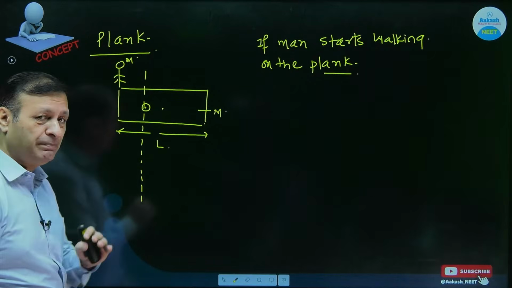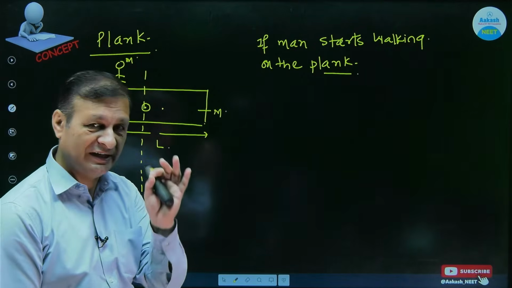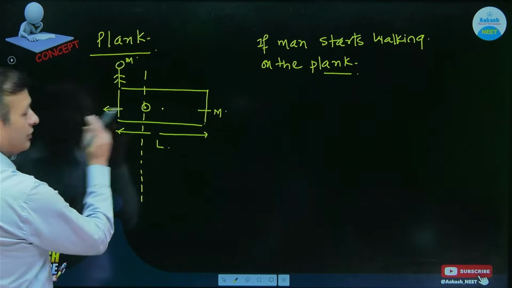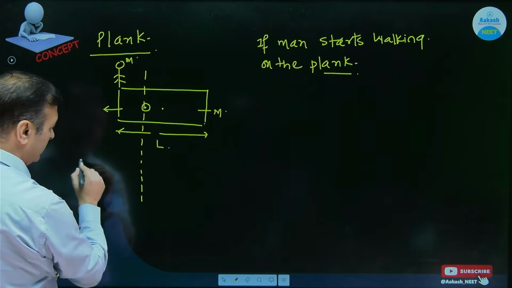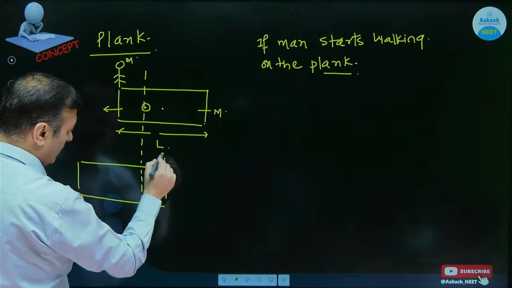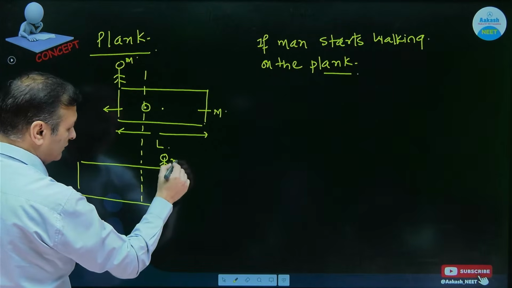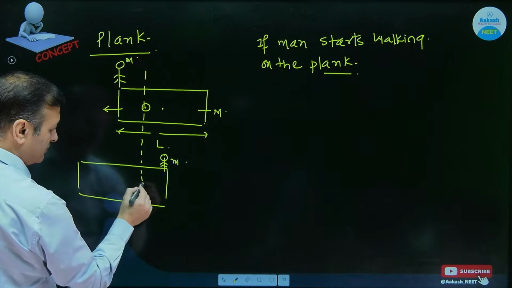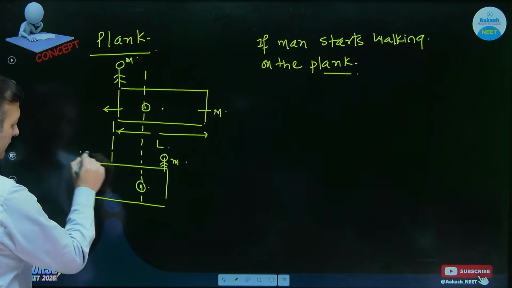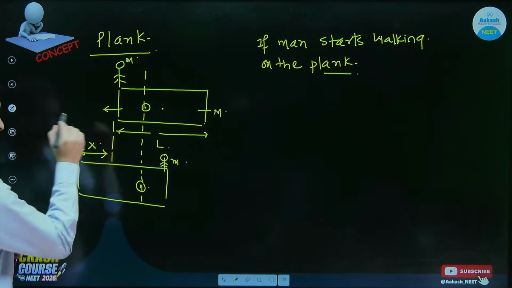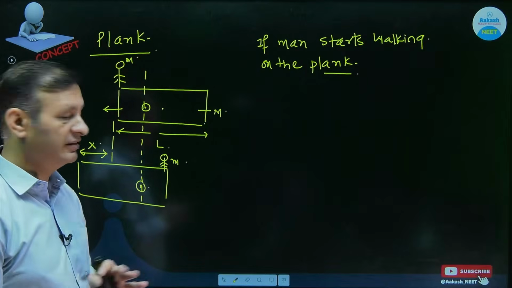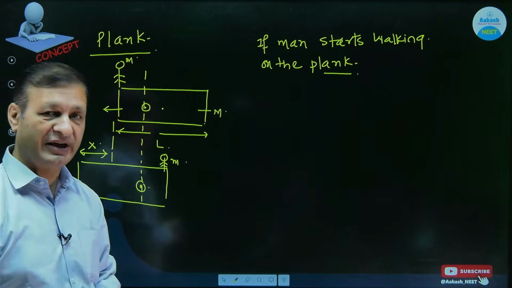It means to keep the position of center of mass intact, the plank will shift towards the left hand side, and when the man reaches the other end, the center of mass would still be the same. This is how the plank gets shifted towards the left hand side by value x.